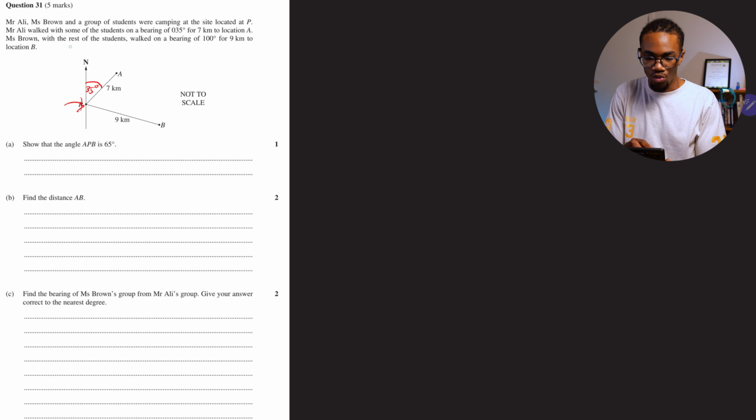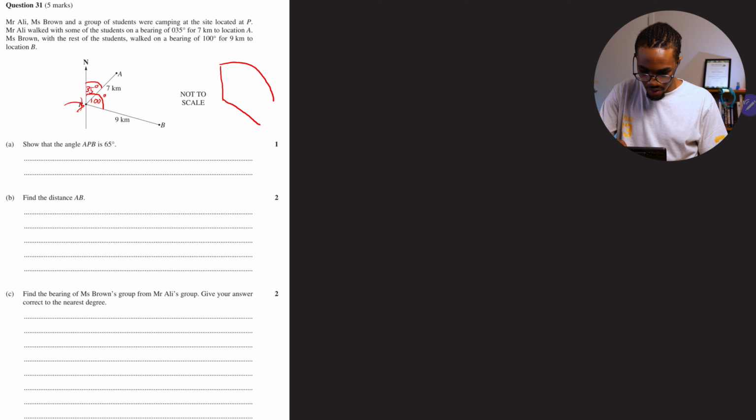Miss Brown, with the rest of the students, walked on a bearing of 100 degrees for 9 kilometers to location B. So they went 100 degrees here. If you look at this like a cake, let's say we had 100 slices of cake, right?